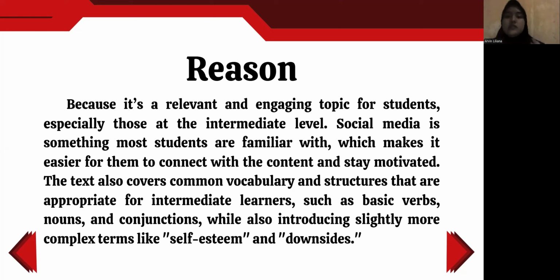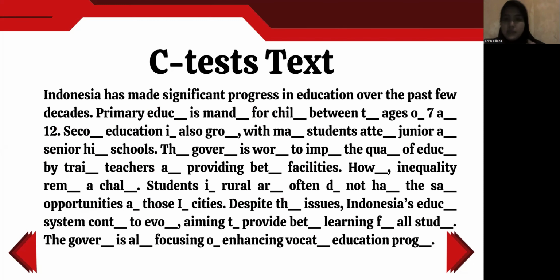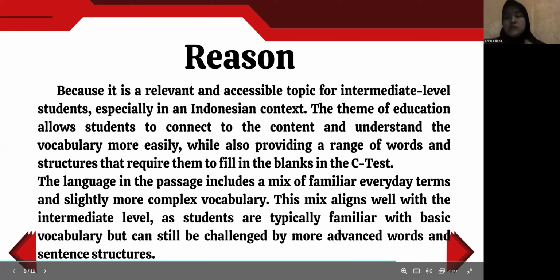Okay, so this is the second text. The second text is talking about education in Indonesia. Same as the first text, there are 45 missing words. The reason I chose this text is because I think education allows students to connect to the context and understand the vocabulary more easily, while also providing a range of words and structure that require them to fill in the blanks in the text.